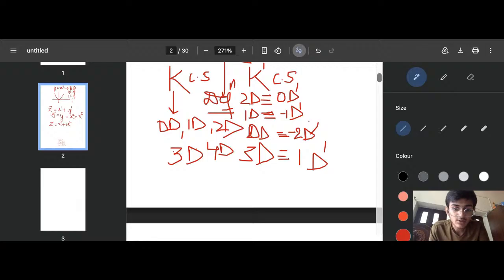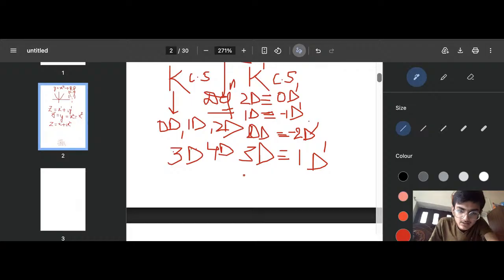It is moving fast. Why? Because our definition is itself a proof that 2D is equivalent to 0D dash. So the older coordinate system, that is the K, is moving faster than the K dash system, whose dimensions we have defined. So that's the main concept of your negative dimension.